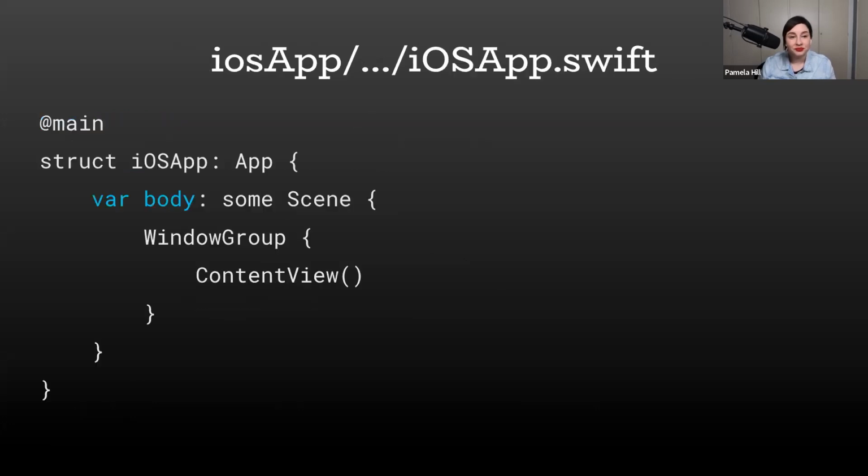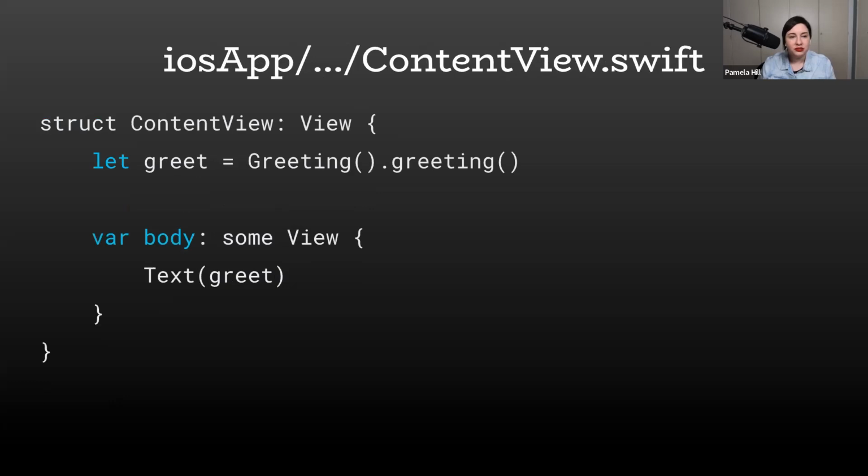Let's have a look. For iOS, we define the application like this. This is normal SwiftUI code. Let's drill down into content view. I think there's probably something more in there. So if we're looking in content view, we see that we are defining a constant called greet that has the value of greeting.greeting. And the body of this view is just a text element with this greeting inside of it.